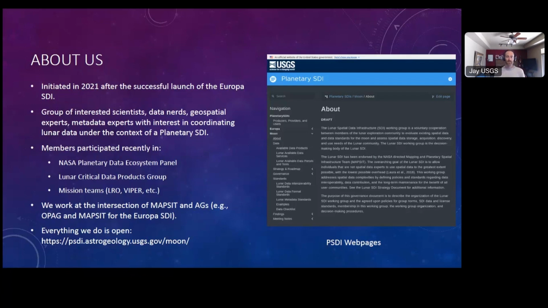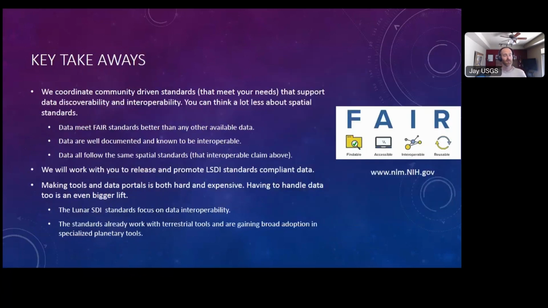So what are the key takeaways that I'm hoping that you leave with after this presentation? We are community driven. We coordinate standards, and our goal is to make it so that you can think a lot less about spatial standards, because there is a menu of spatial standards to pull from and select from, and a checklist that says, yes, my data is conformant, compliant, we know it's going to work together, or here are some things I can do to remediate my data.